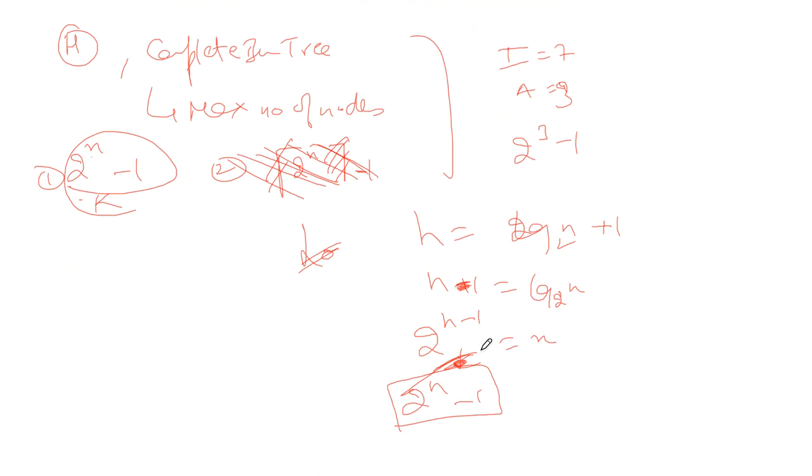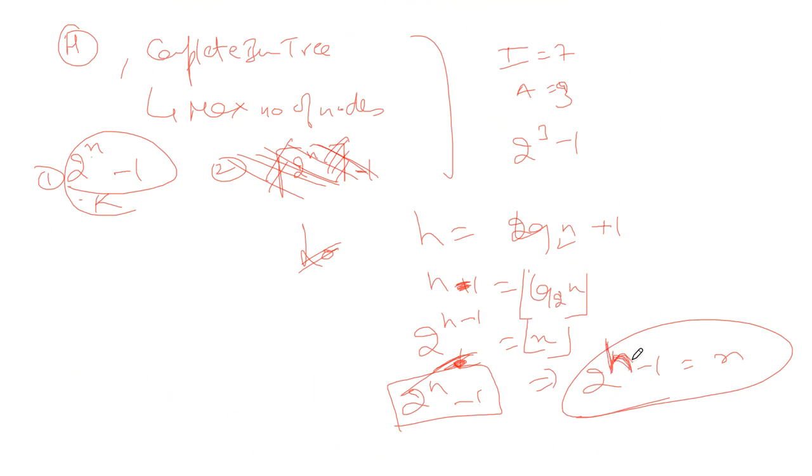2 raised to power h. But then you also did ceiling, right? Here it was floor, and this will come out to be 2 raised to power h minus 1 floor. That's why this floor will go away, and it will add plus 1 over here.